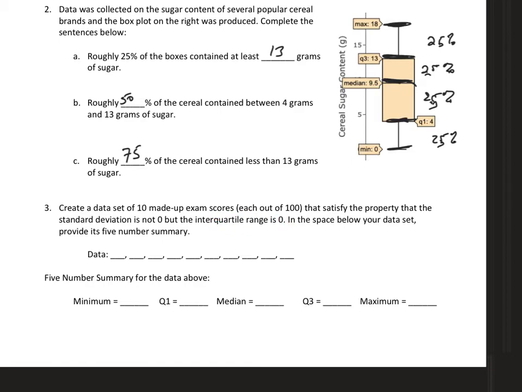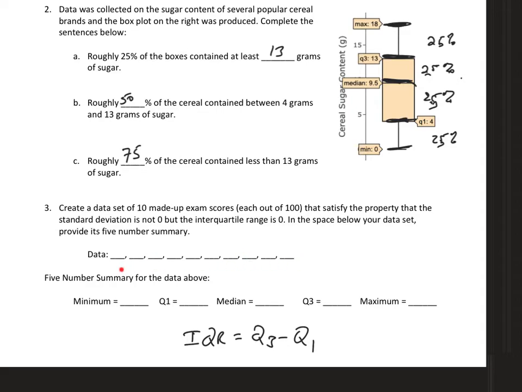So if you think about it, the interquartile range, IQR, is Q3 minus Q1. And so the only way that could possibly be 0 is if Q3 and Q1 are equal. So these two numbers would have to be equal. But those numbers are going to be like here and here in the data, right?